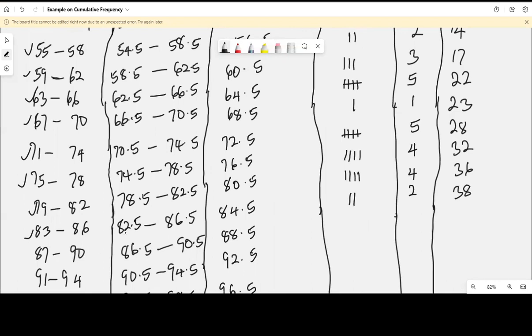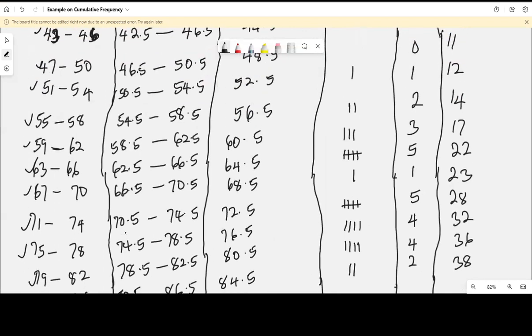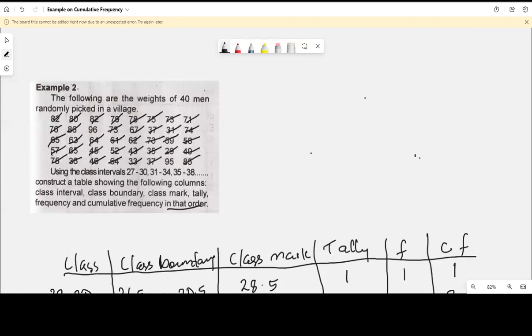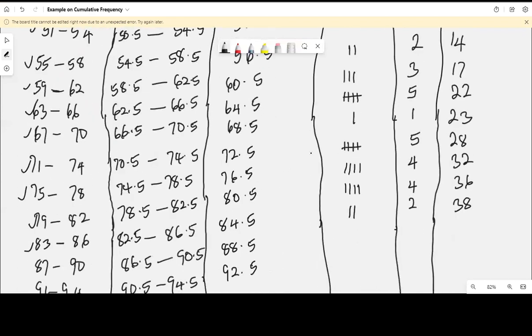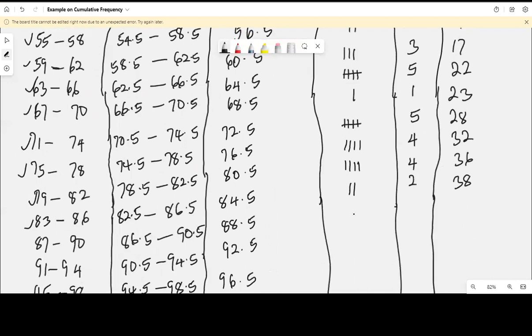Then 87 to 90, the next interval. And there is nothing there, 0. So on that tally, we leave it blank. On that frequency, we put a 0. 0 plus 38 is still 38.